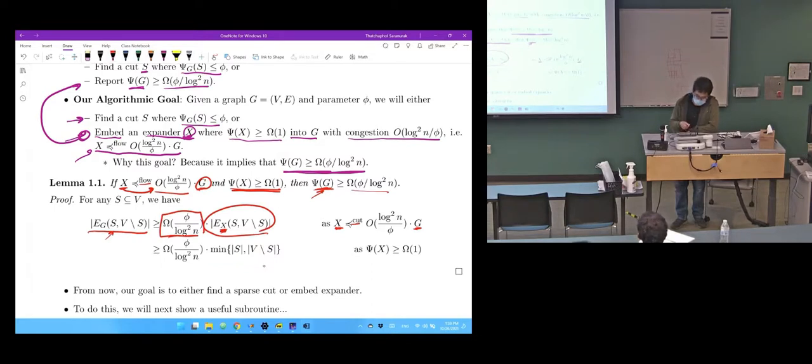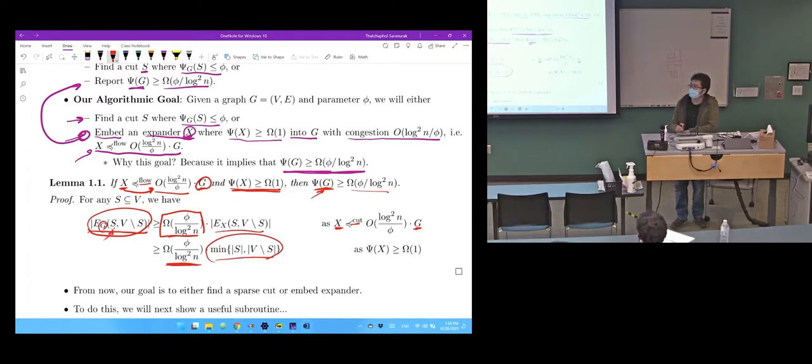Here I use that X has high expansion. This just implies that for any cut S, the cut size of S in G is at least this much, and you have this factor.